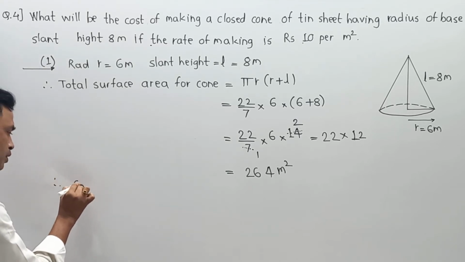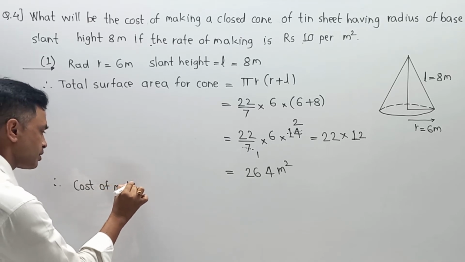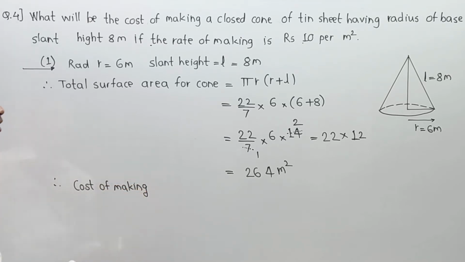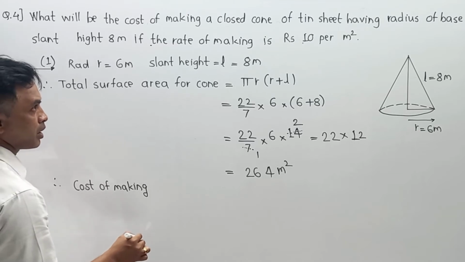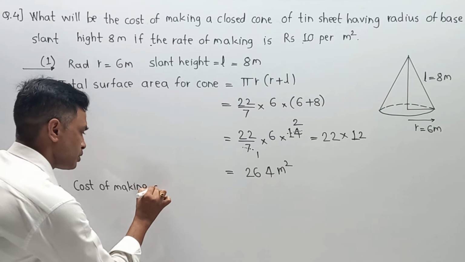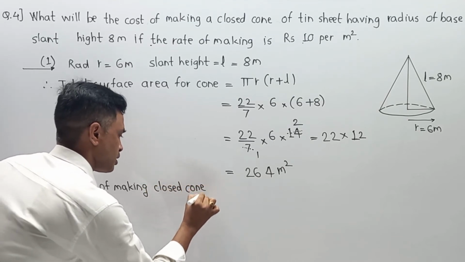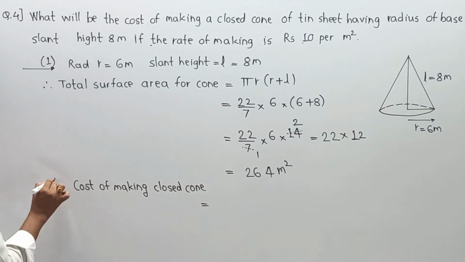Therefore, cost of making closed cone is equal to, this is our second part, so I am going to write it as 2.